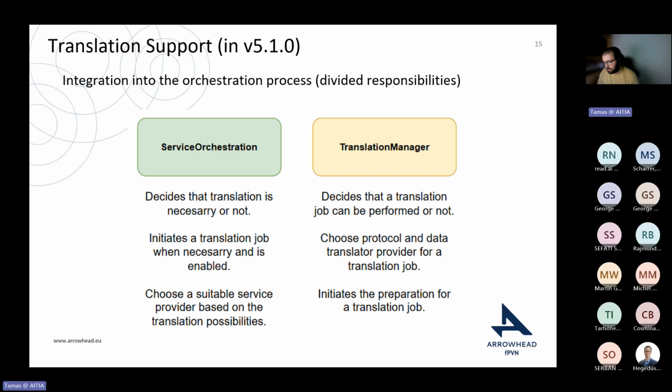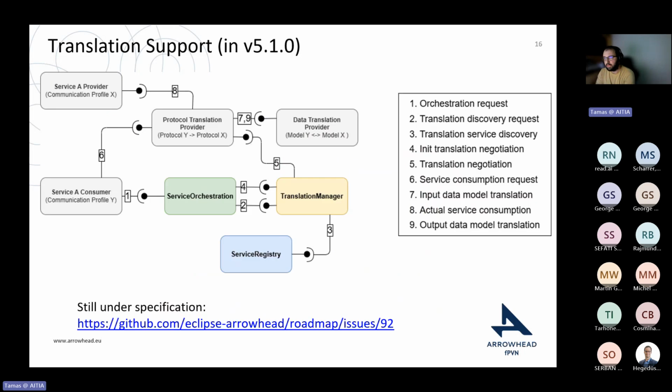And actually, this consumer will send its service consumption request to this bridge in the way that you can see in this picture.